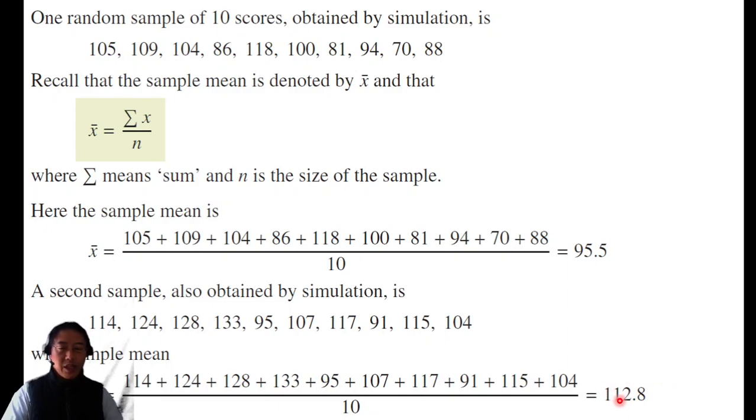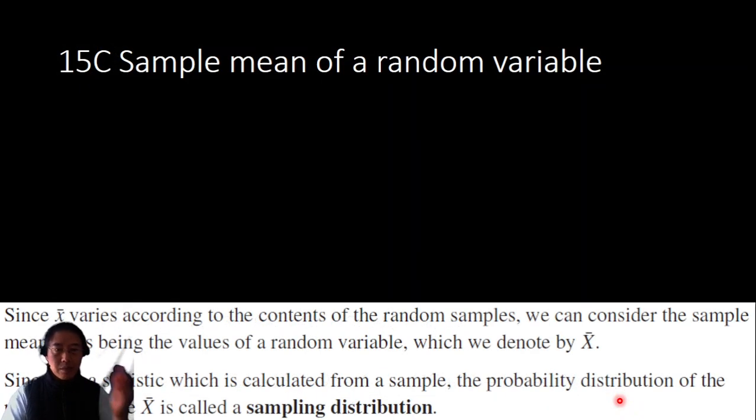So keep in mind, we generate a series of sample means, one every time we create a sample through simulation. Now that sample mean varies depending on the sample, and what we do is associate to that the random variable. So it's a capital X with a bar on top, and it's the random variable linked to the sample means that we get from every sample.